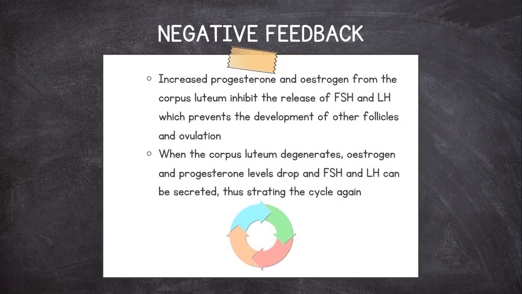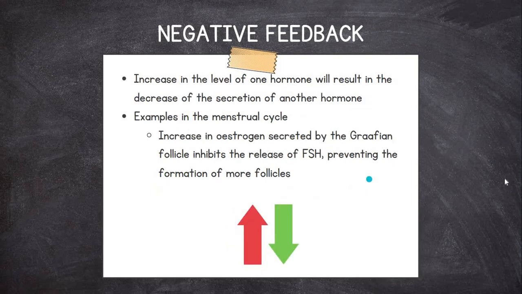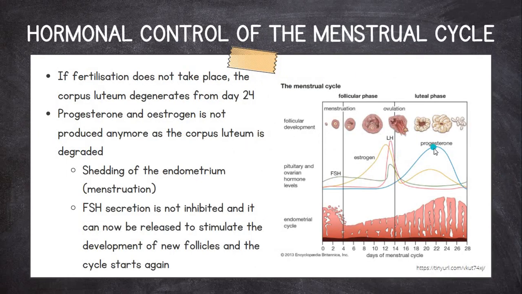And then increased progesterone and estrogen from the corpus luteum inhibit the release of FSH and LH, which prevents the development of other follicles and of ovulation. So here again, as these two increased, so the progesterone and the estrogen increased, the FSH and the LH decreased.